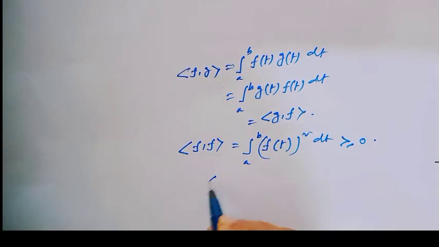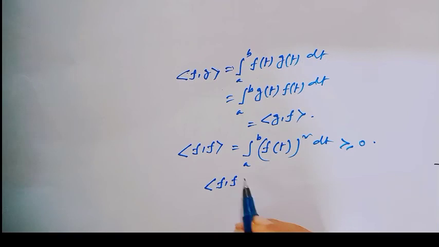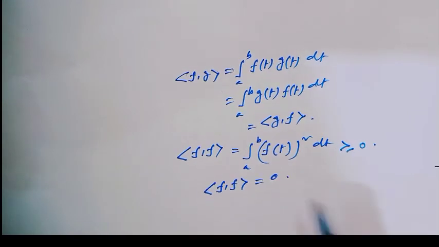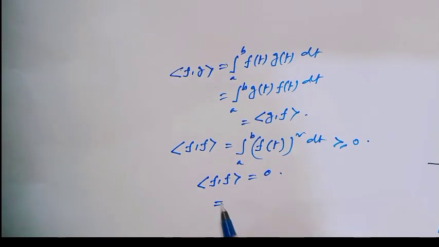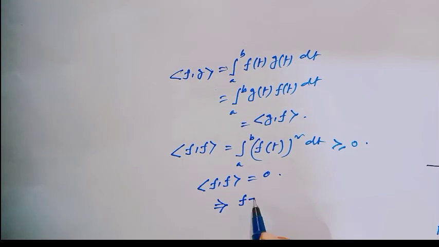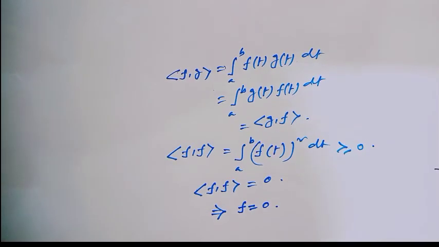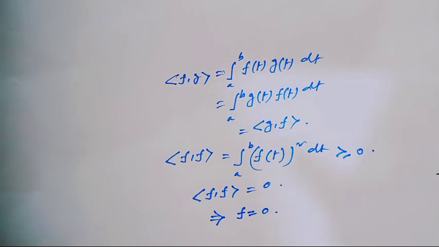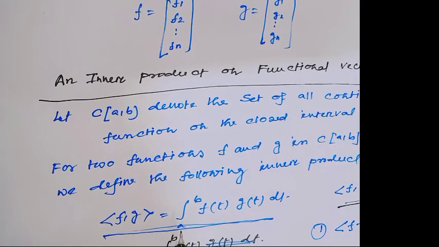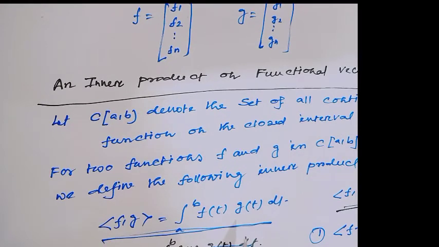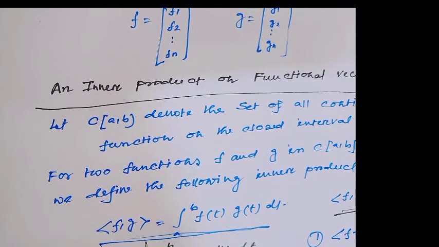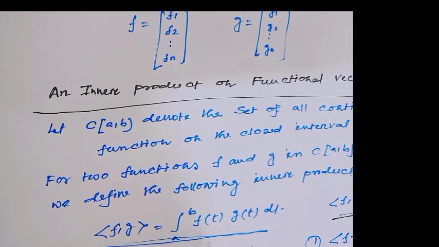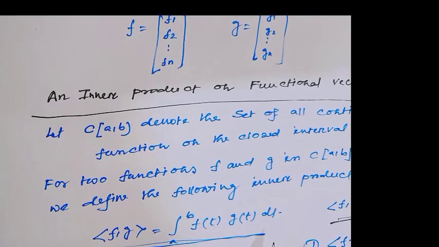And when inner product f with itself is equal to 0, that implies f is equal to 0. Are you getting? Well, therefore, all conditions of an inner product are satisfied here. So this is obviously an example of an inner product.